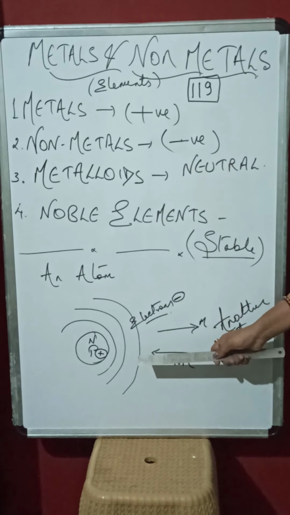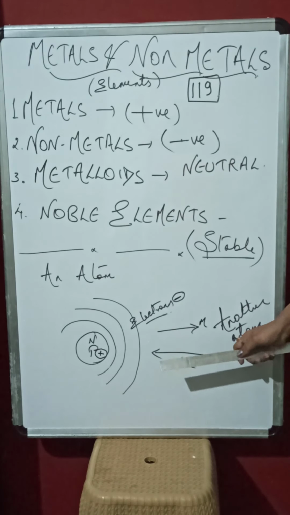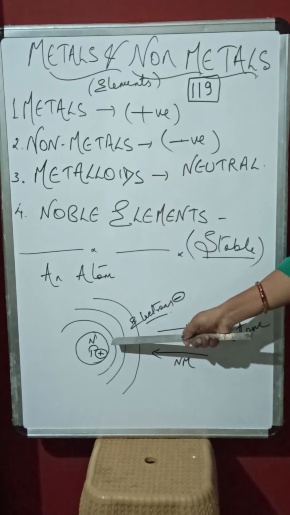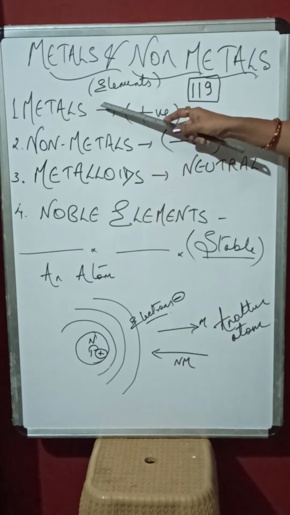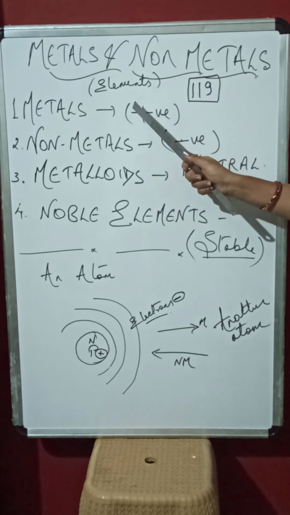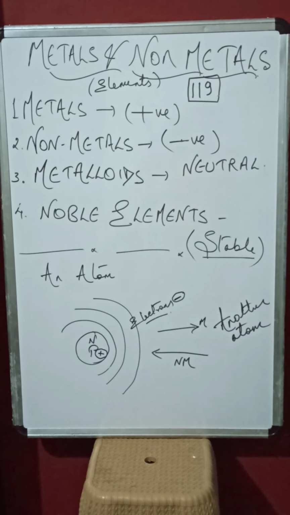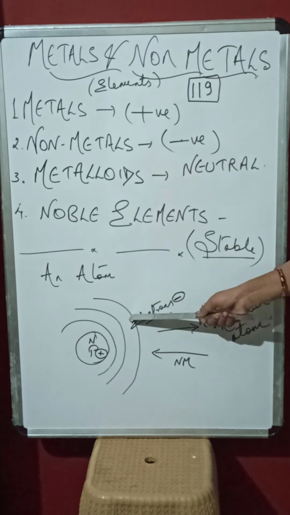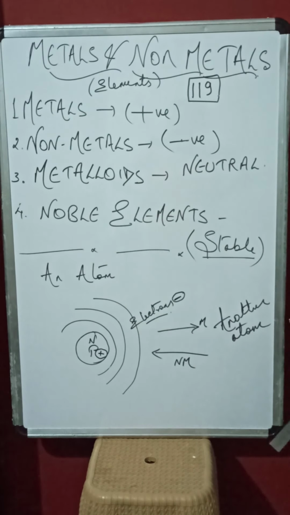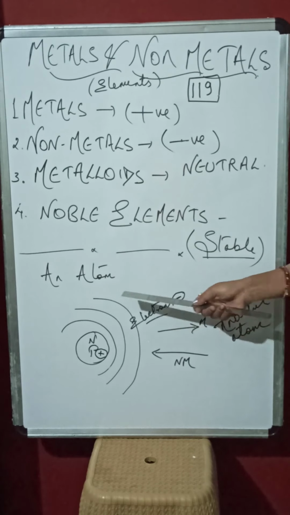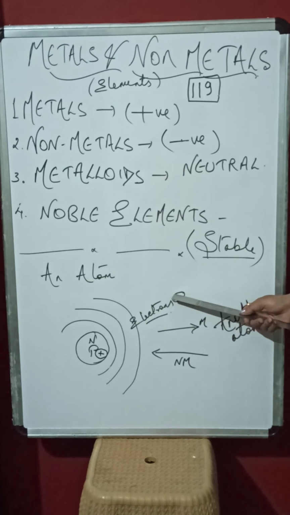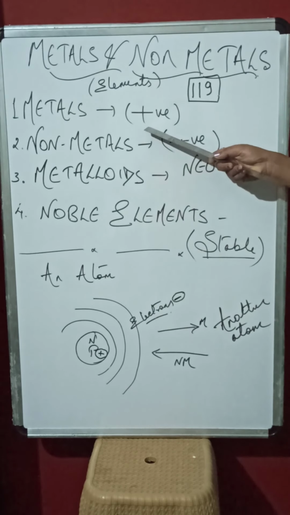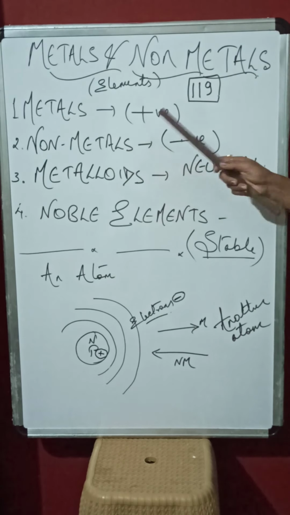Any element which is always ready to give away electrons and attain a positive charge is known as a metal. Whereas, any element whose atom is ready to take some electrons from somewhere else and attain a negative charge due to more number of electrons is known as a non-metal.